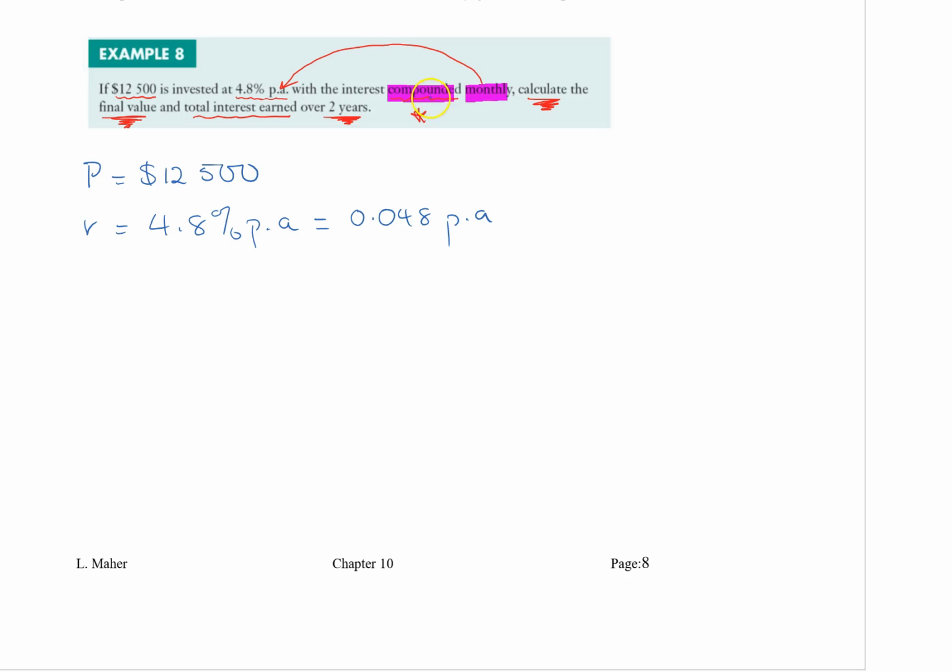It's compounded monthly. That means my units are months. Monthly must be the unit for R and N. What does that mean?